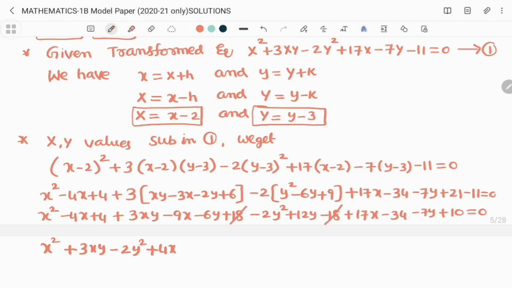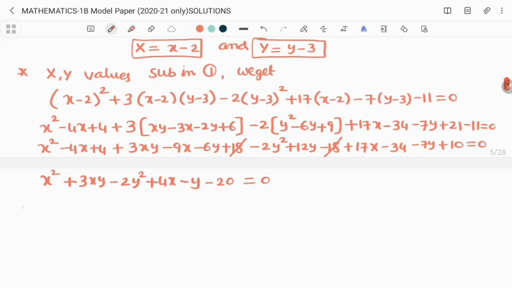Next minus 6y plus 12y, so plus 6y, minus 7y is minus y. Next plus 4 minus 34 plus 21 minus 11, that is minus 20, which is the required original equation.